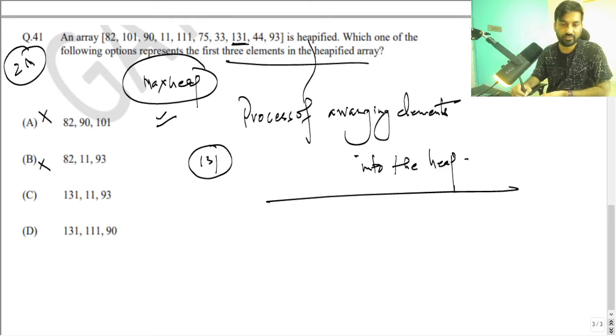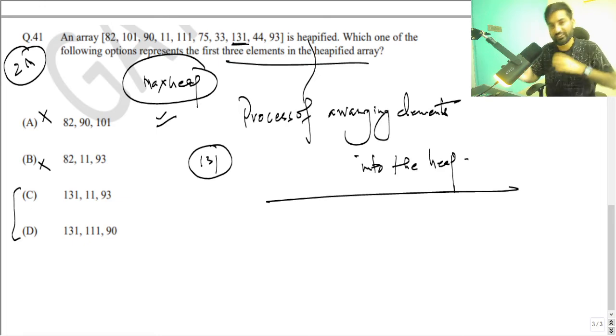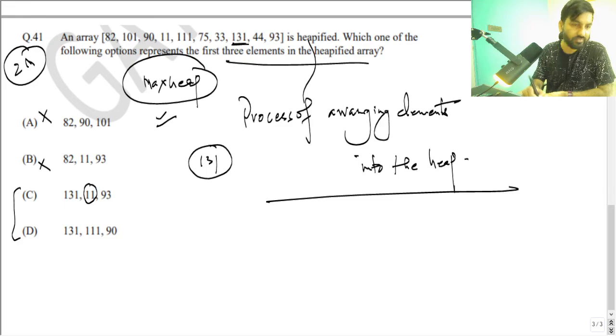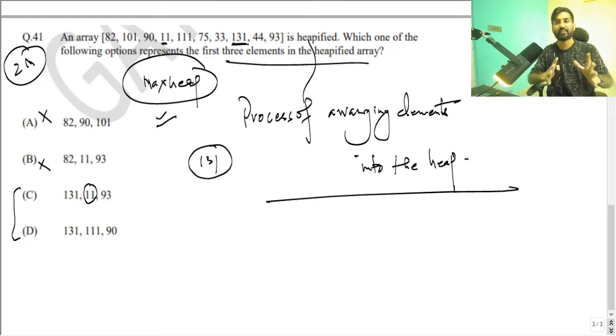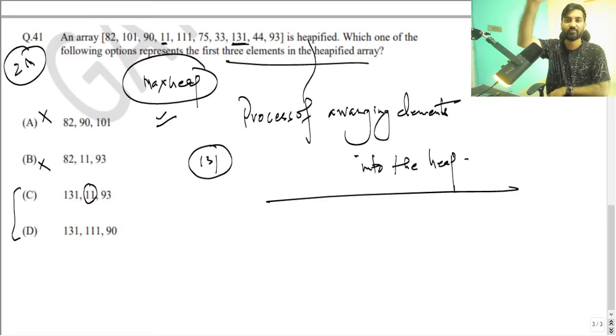So next, if you look at the next element, the options are C and D. There is a fight between C and D. So this 11 should not be after 131. Why? The reason is this is one of the smallest elements in this array, right? Since we are considering the max heap, this smallest element should come at the bottom of the tree, and should not come anywhere except the bottom.